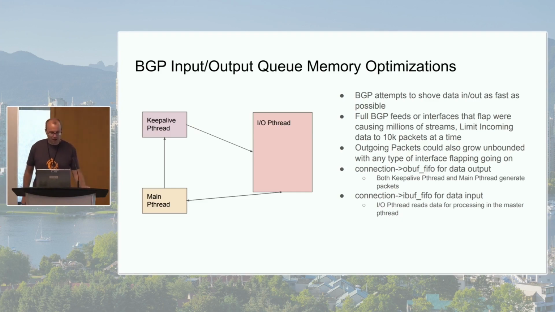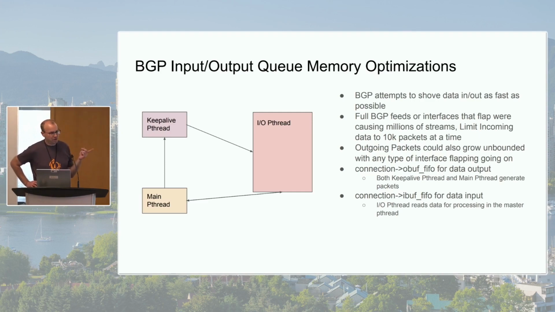All right, so another thing, let's talk about BGP input-output queue memory optimizations, and before I get into that, I wanted to talk a little bit about how BGP does I/O. There are actually three pthreads in BGP. The main pthread is used for processing of data and figuring out what's to do, and when it generates data to send out, it hands it to the I/O pthread to send out.